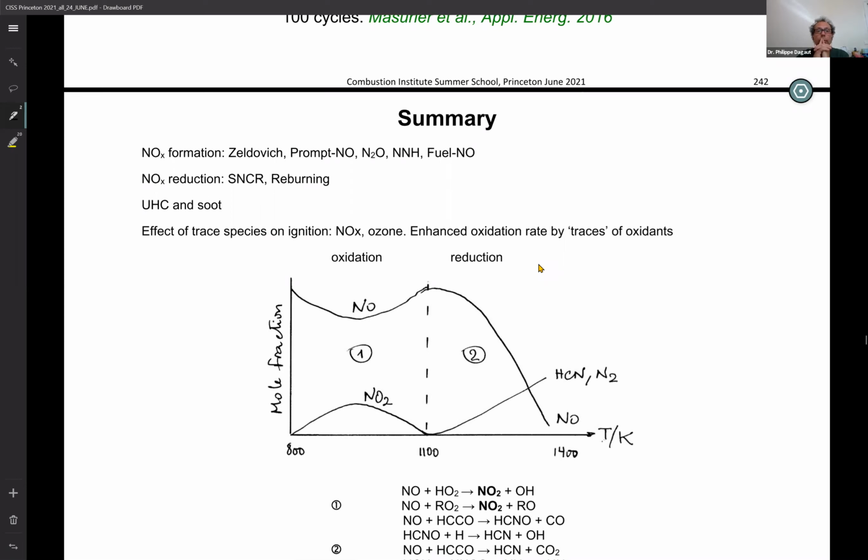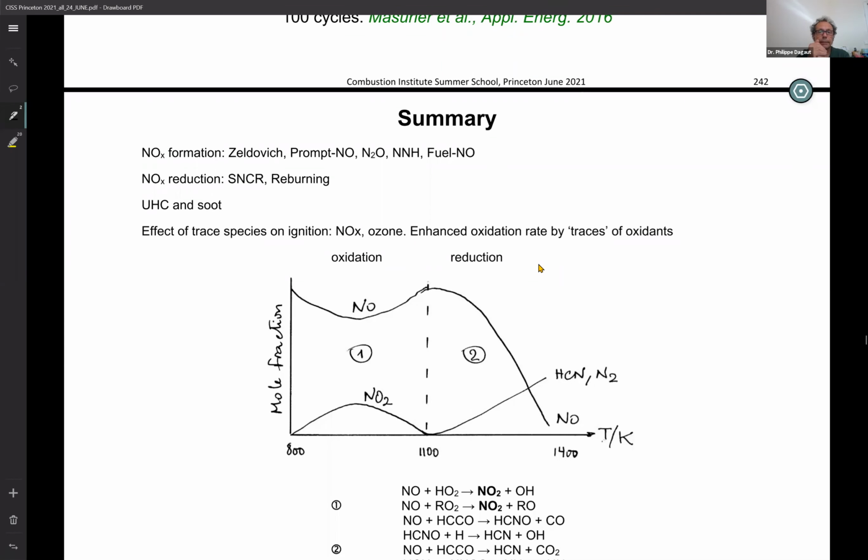The first one we presented is the Zeldovich mechanism, or high temperature NOx formation, thermal NO. This is the attack of N2 by O atoms, and then production of nitrogen atoms that can also interact with oxygen or OH.